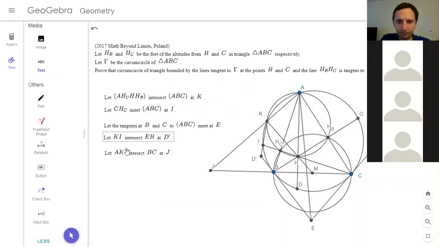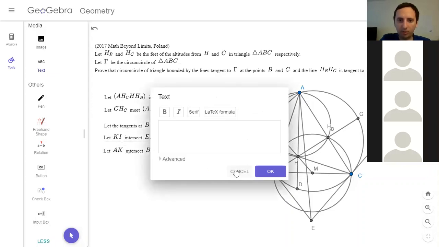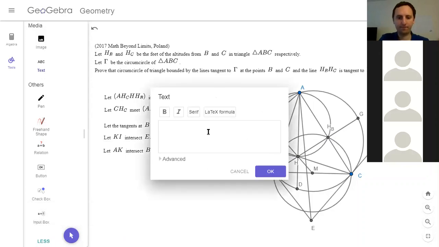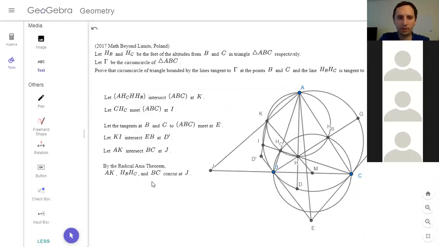And so by the radical axis theorem, AK, HBHC, and BC concur at J. All right.